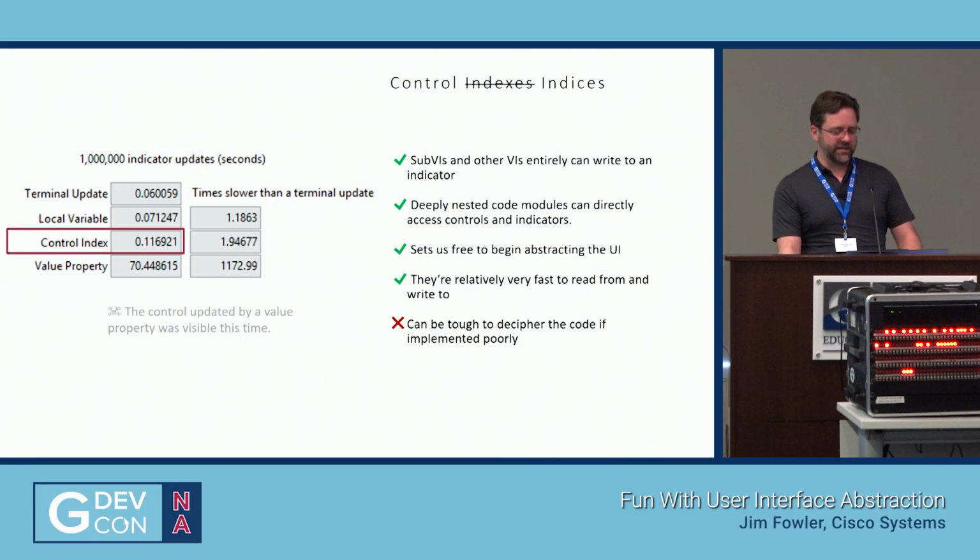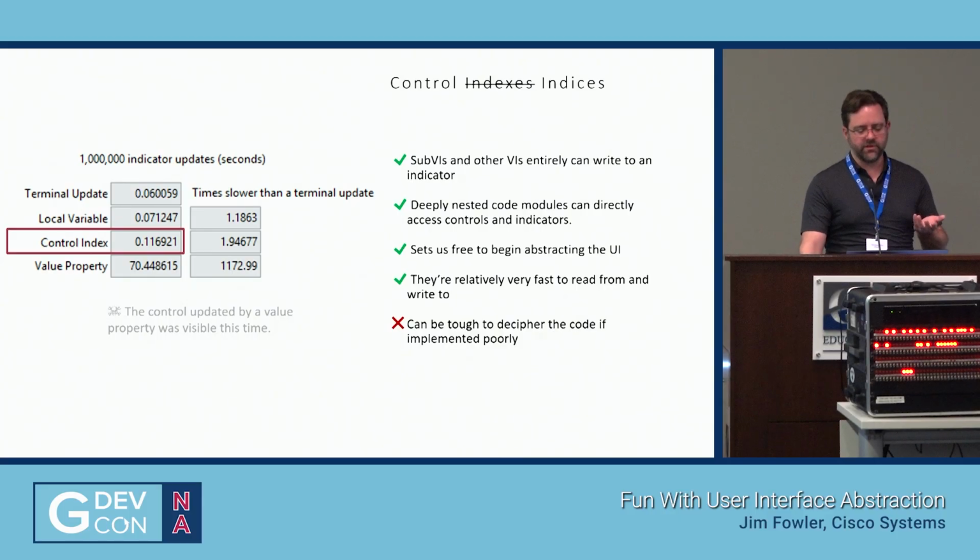Going back to the benchmarking, control indices are way faster than definitely a value property node. They're not faster than a local variable, but the delay is pretty trivial, relatively speaking. So the disadvantage, or the advantage, sort of like the value update from a property node, is very similar.